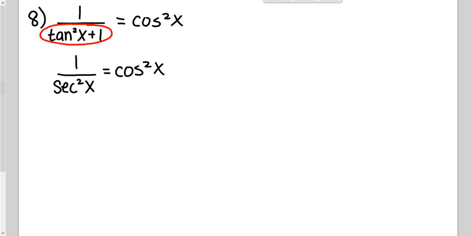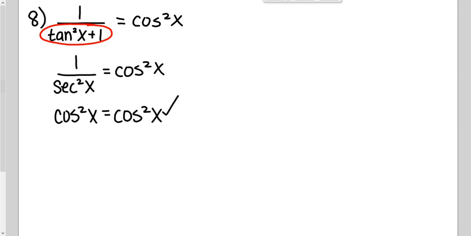And I've got 1 over secant squared x. Well, 1 over secant is equal to cosine. So 1 over secant squared is equal to cosine squared. And you're done.